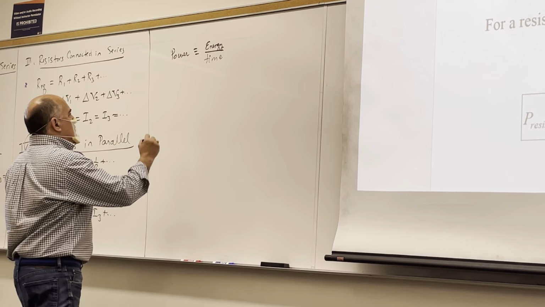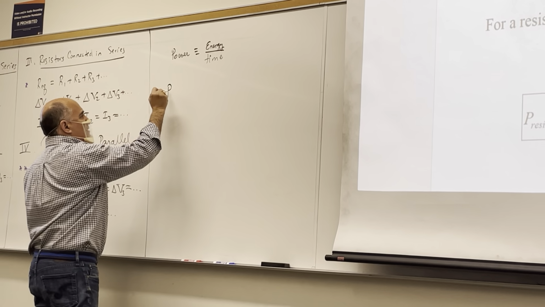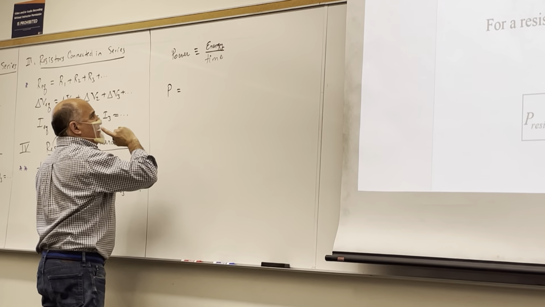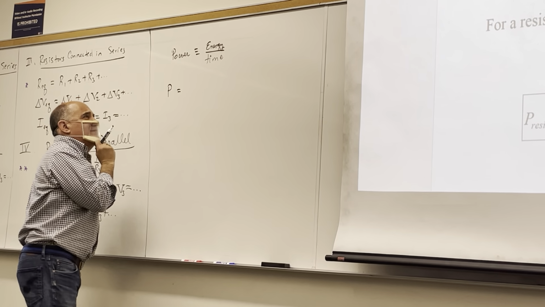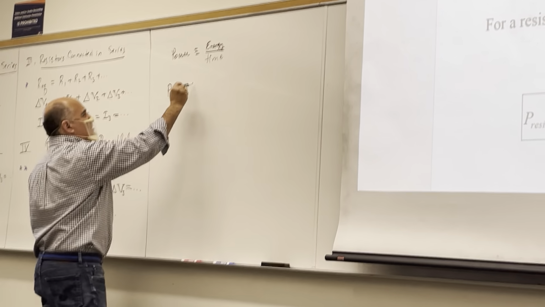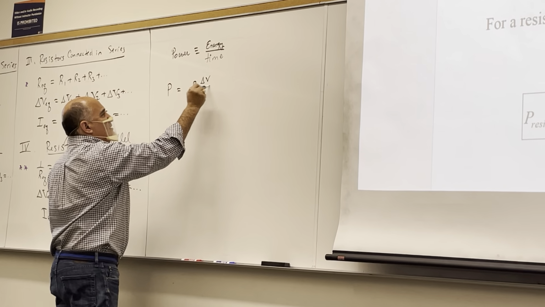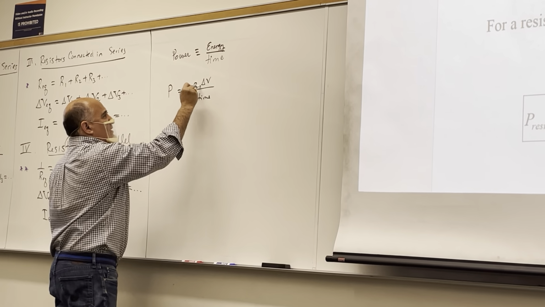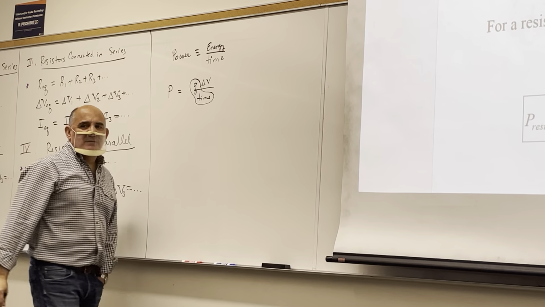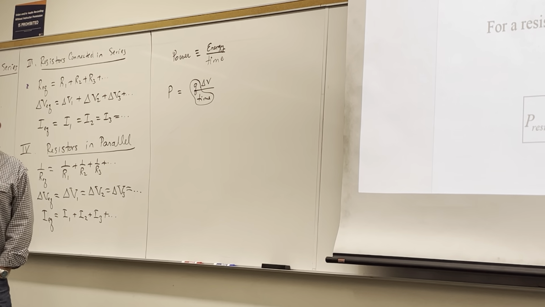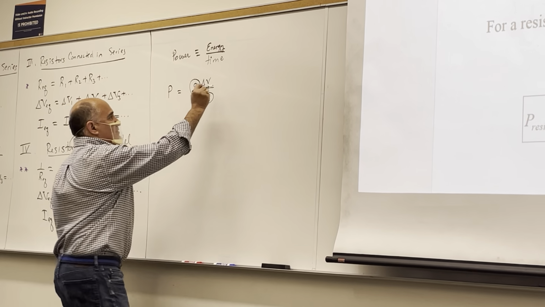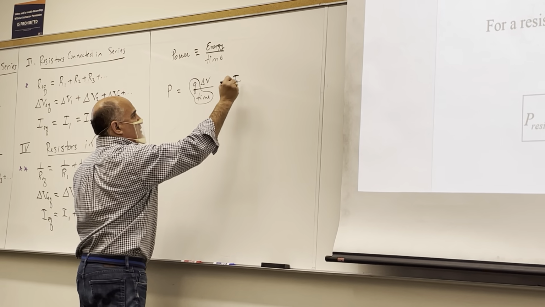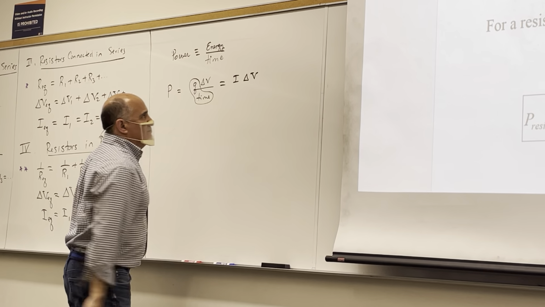Now, in circuits, power is energy over time. I can think of energy sort of like potential energy, Q delta V, divided by time. But what is the rate at which charge flows through the cross-sectional area of a wire? That's just the current. So it's the current multiplied by delta V.